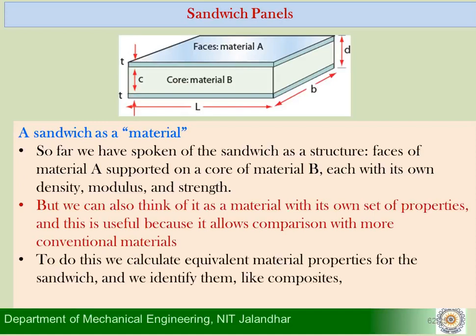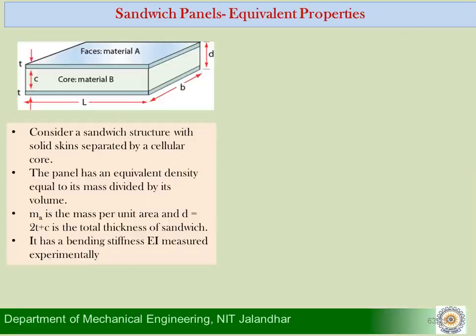How do you do this? To do this, we calculate the equivalent material properties for the sandwich, and we then identify them like a composite material. So this is what we intend to do here.